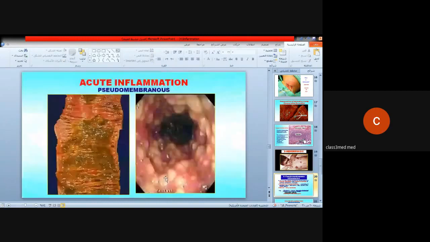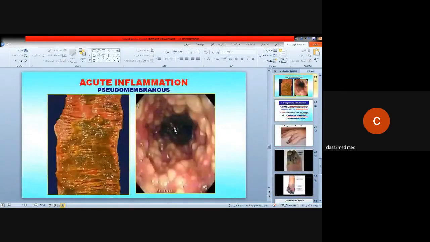You see on the right side this picture of the larynx, and this patient has diphtheria, and the mucosa of the larynx is covered by a whitish, dirty membrane. This causes suffocation and asphyxia, especially in children. On the left side, this is a colon, and the mucosa of the colon is covered by pseudomembrane, causing pseudomembranous colitis.